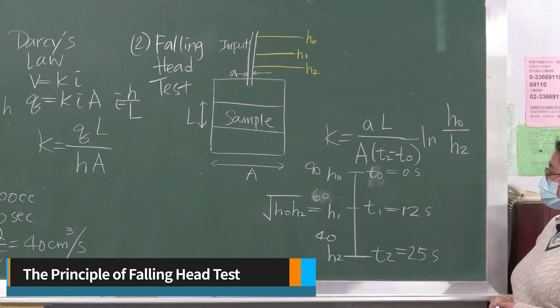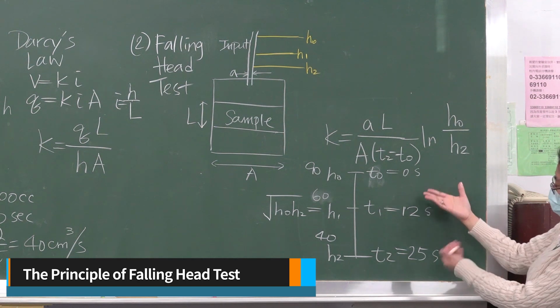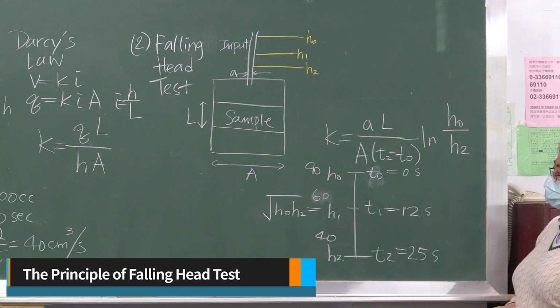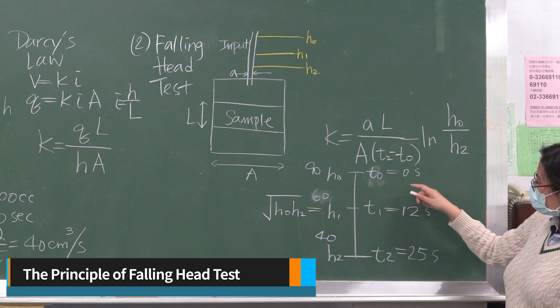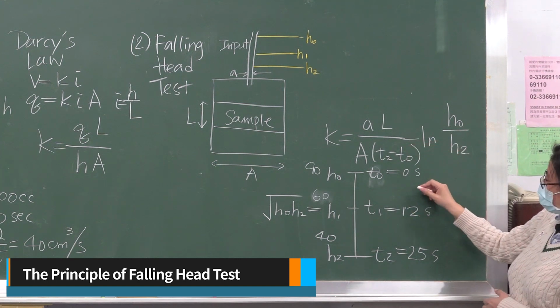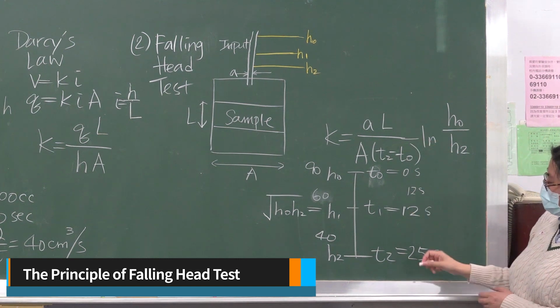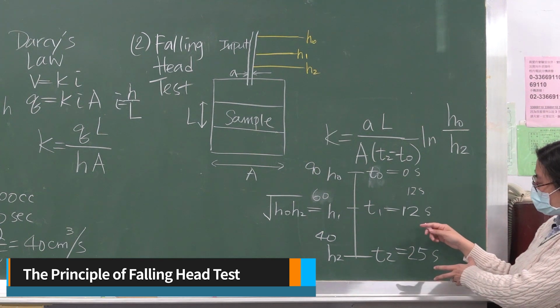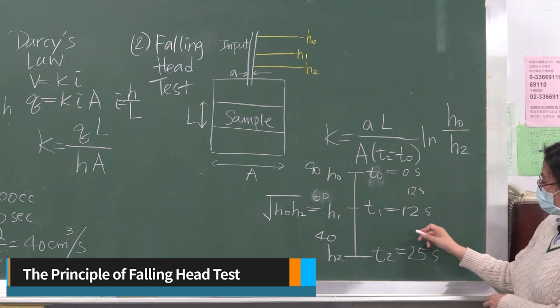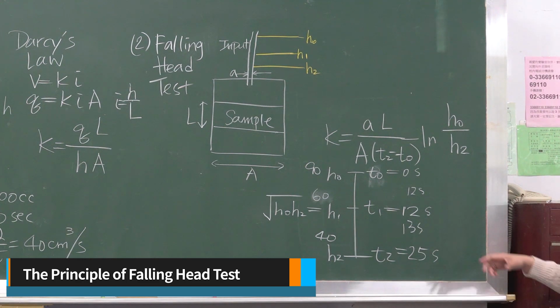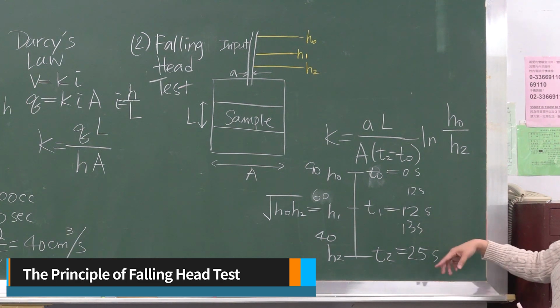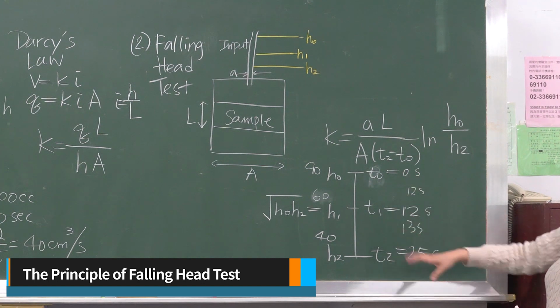But because of some laboratory or measurement error, you may obtain slightly different results, so you will need to evaluate the measurement error. The time difference for the first half is 12 seconds, and for the second half is 13 seconds. So there is a difference of 1 second between the upper portion and the lower portion.